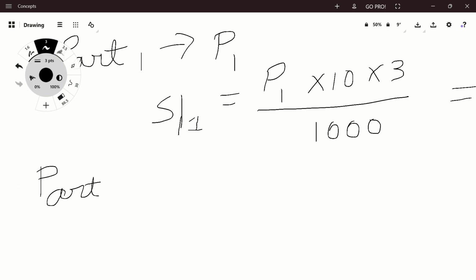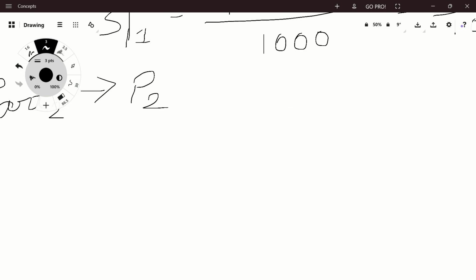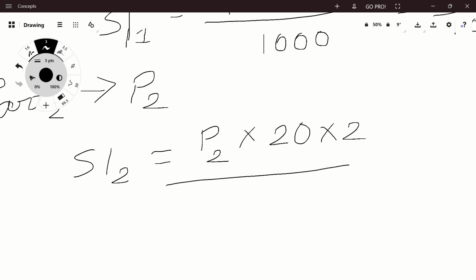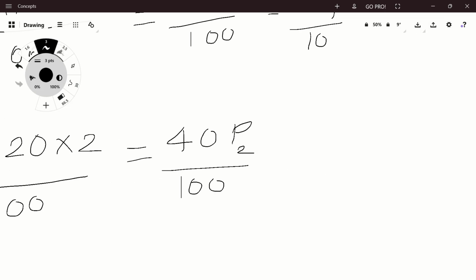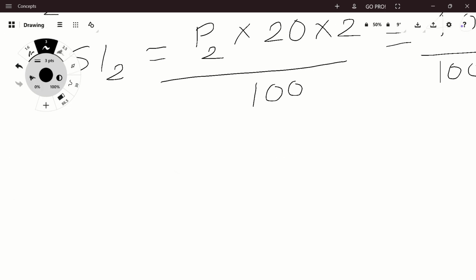For part 2, that is P2, SI2 will be equal to P2 into 20 into 2 upon 100, that will be 40 P2 upon 100, that will be 2 by 5 P2. The total interest earned is 5,400.